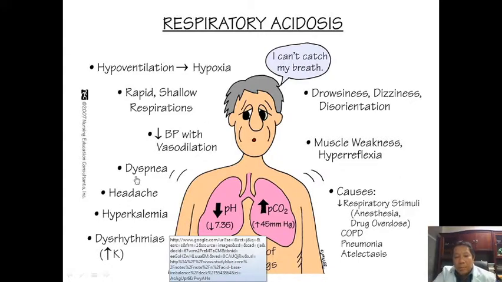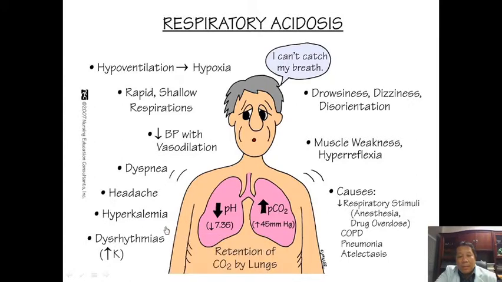The patient may be manifesting signs and symptoms of shortness of breath, such as in the case of asthma, or maybe even pulmonary embolism, and headache because of vasodilatation of the cerebral blood vessels.